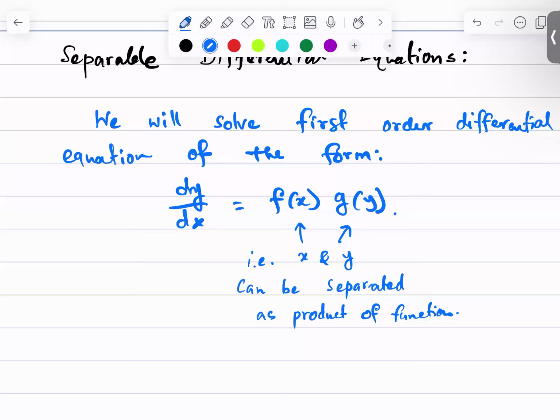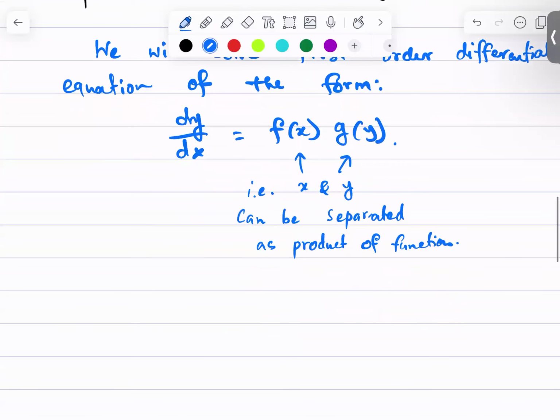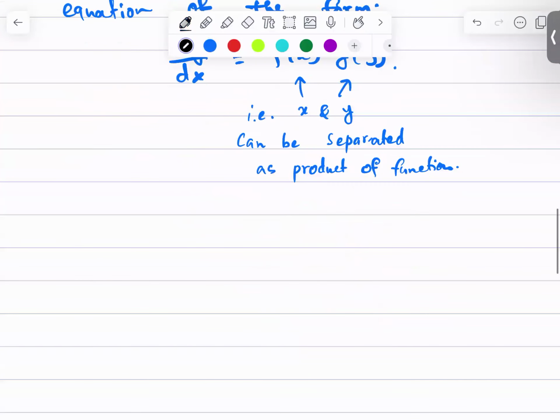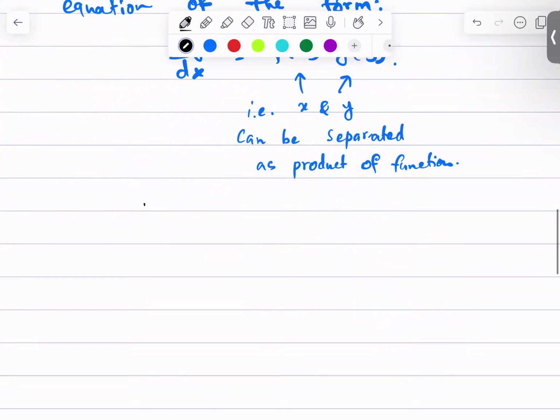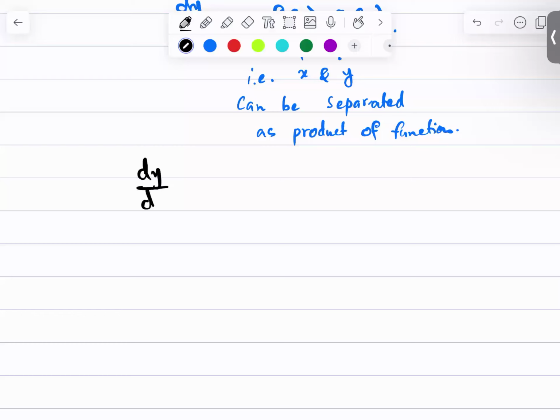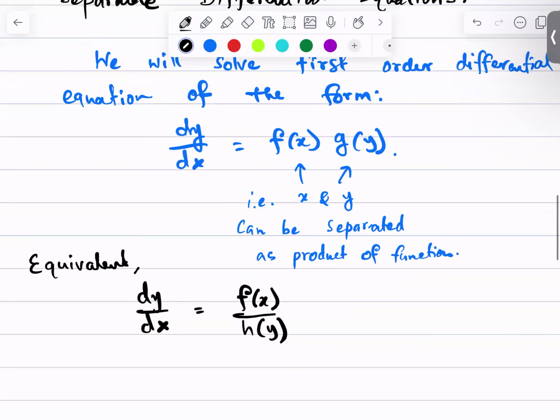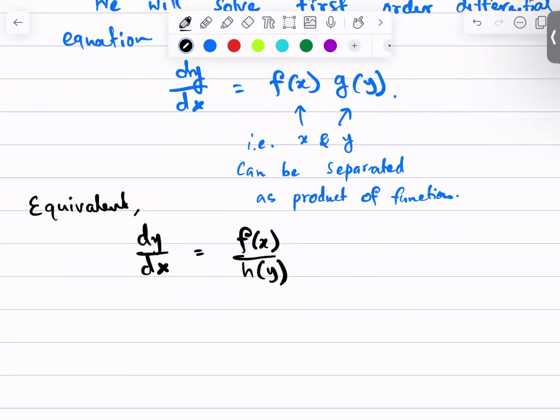Okay, so what is the approach to solve it? So eventually, if you write dy over dx as f(x) over h(y), this is an equivalent condition. So I can write this f(x) times g(y) as f(x) over h(y), right?